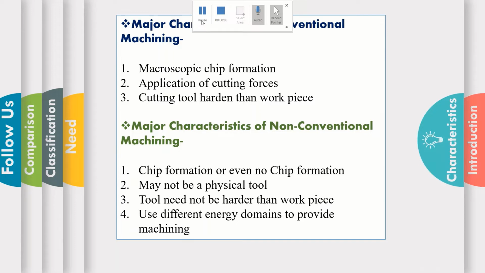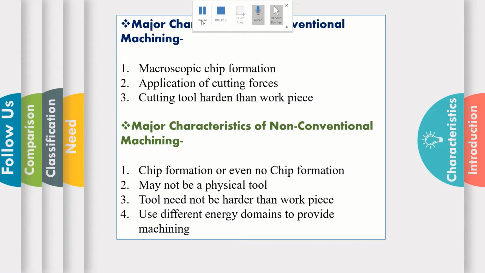First, material removal may occur with chip formation or even no chip formation. For non-conventional machining, there is no need for a physical tool to be present for the machining. Third, in non-conventional machining, the tool need not be harder than the workpiece material. And the last is that most non-traditional machining processes do not necessarily use mechanical energy to provide material removal.